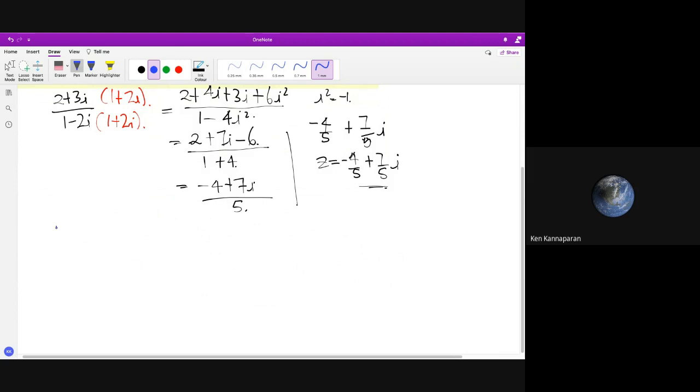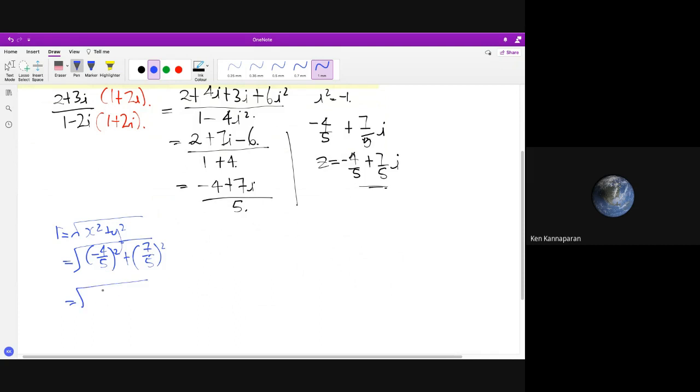So r, the modulus, is just the square root of x square plus y square. In this case, you have -4 over 5, square that, plus 7 over 5, square that. I did this just now using a calculator.